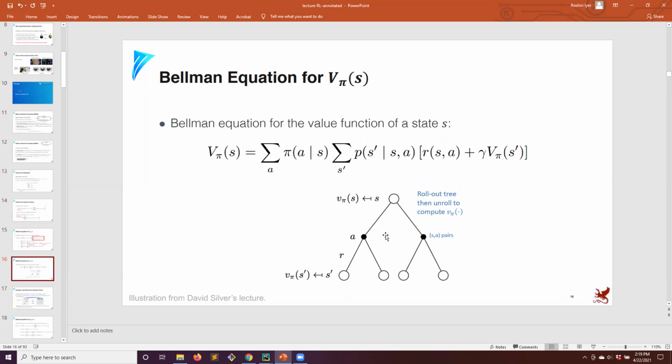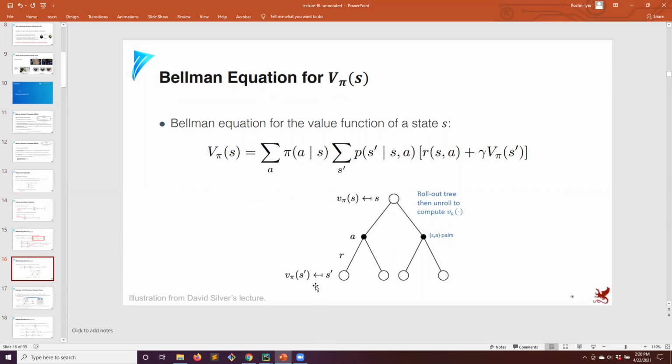And so these black nodes are state and action pairs. So imagine that we kind of store all this information in a table. And then once we have the actions and the state, we can go to the next state. And in this way, we can kind of unravel this entire tree.